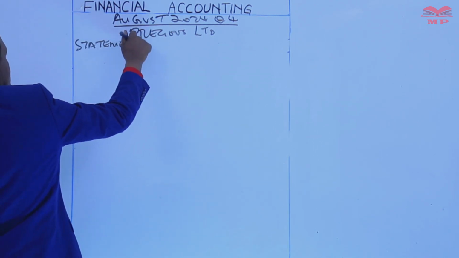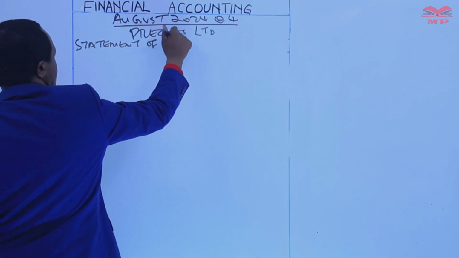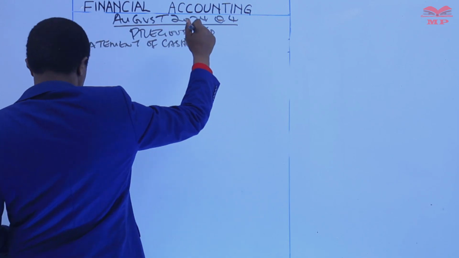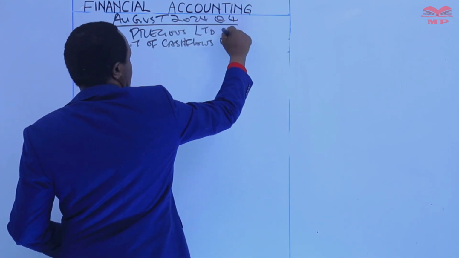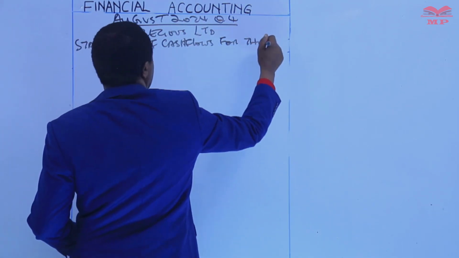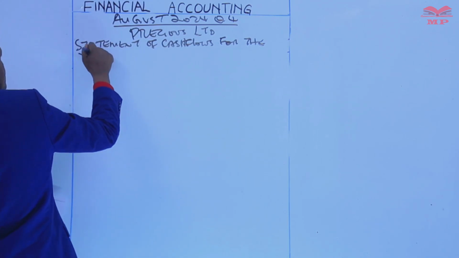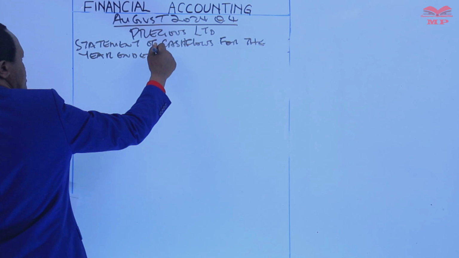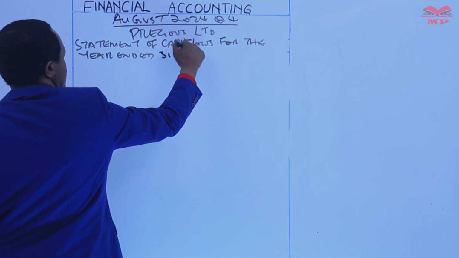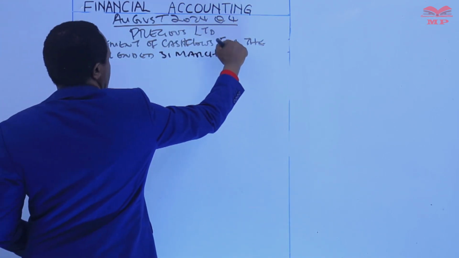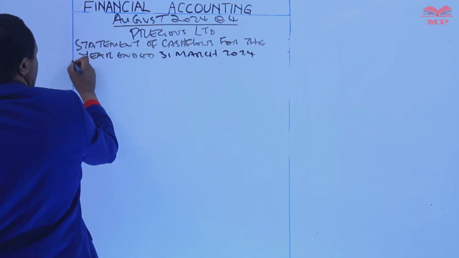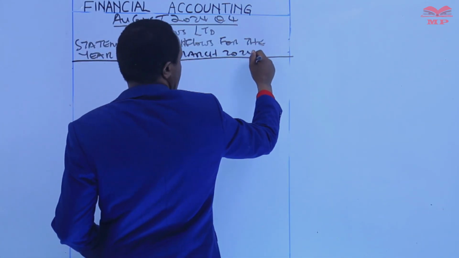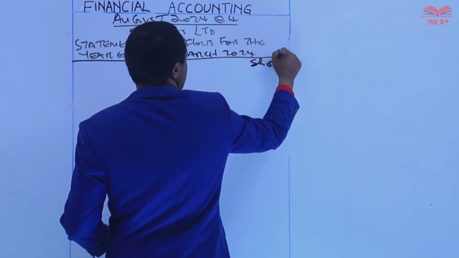Statement of cash flows for the year ended 31st March 2024. So we'll have 2 columns, the amounts in thousands.